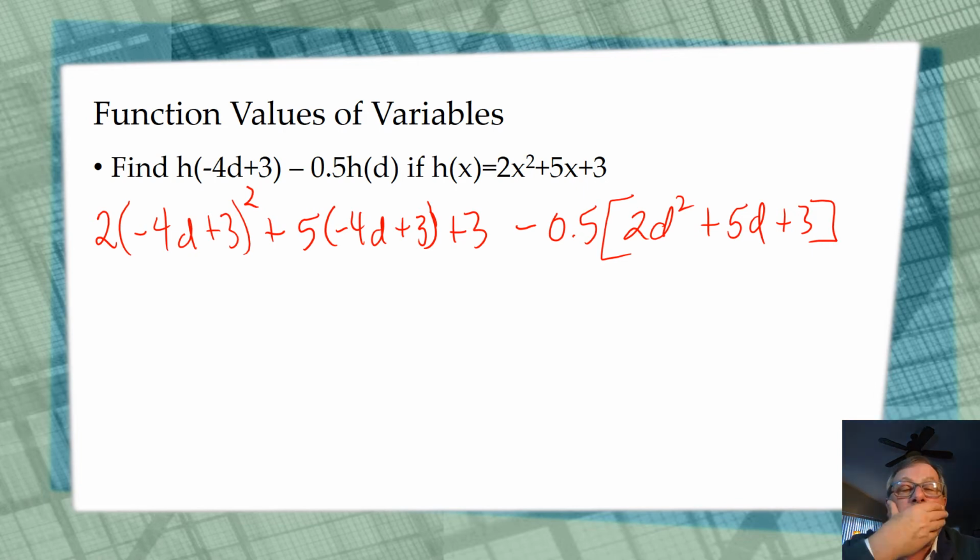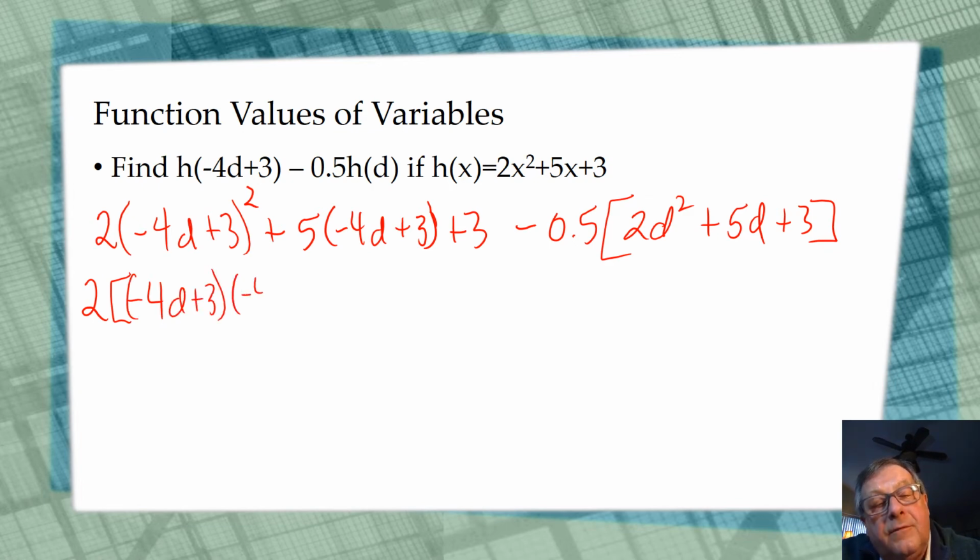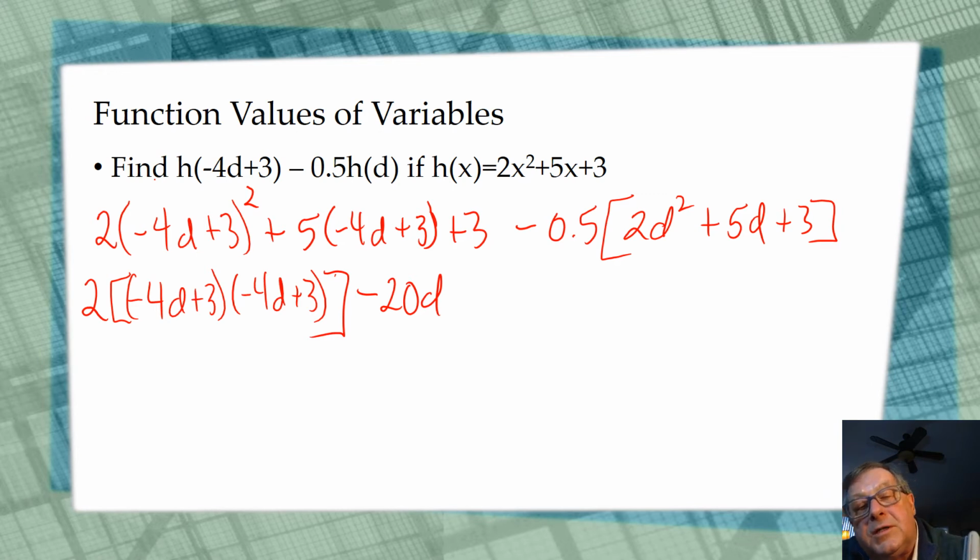All right, well, I better deal with this exponent, so I'm going to set this up as 2 times negative 4d plus 3 times negative 4d plus 3, in parentheses. That's squaring that. And I'm going to go ahead and distribute the 5 to the negative 4d plus 3. So let's see, 5 times negative 4d is negative 20d. And 5 times positive 3 is plus 15 plus 3.